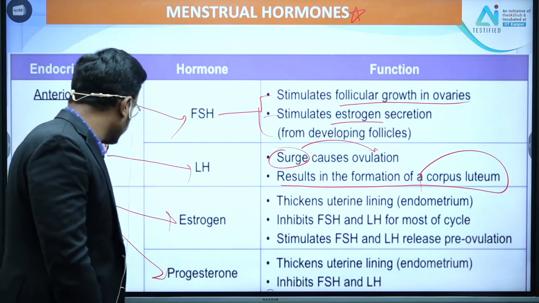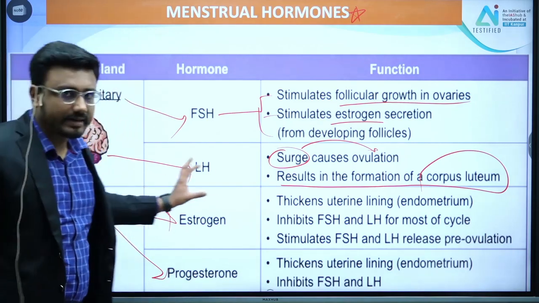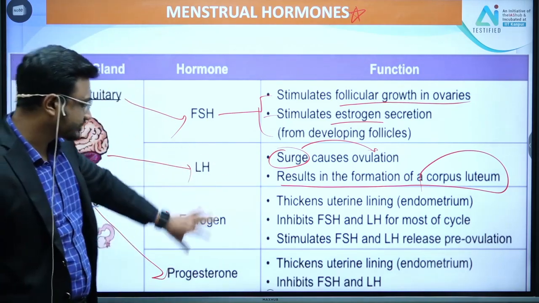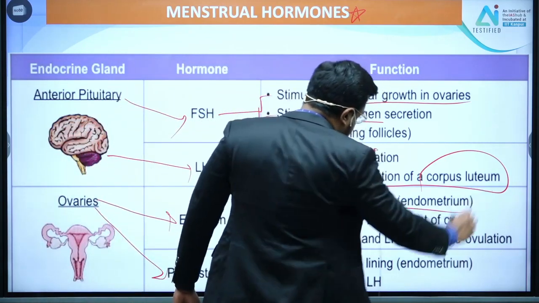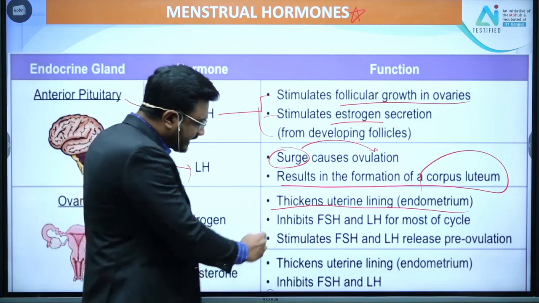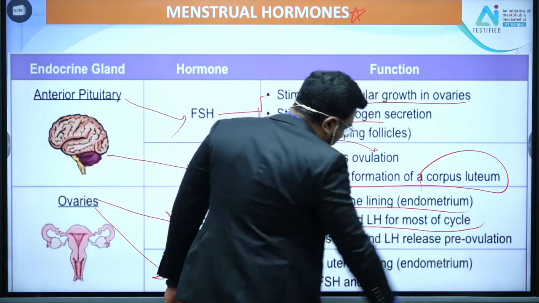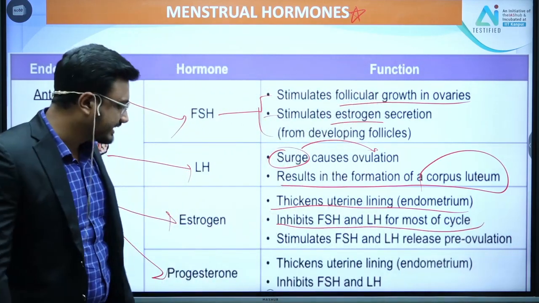So now let's go through the hormones that are secreted by the ovaries. The first one is estrogen. Estrogen is responsible for thickening the uterine lining, that is the endometrium, and it inhibits the FSH and the LH for most of the cycle.